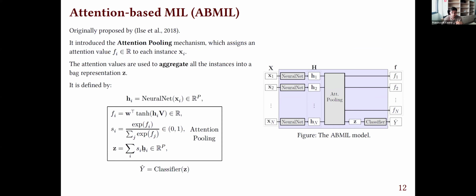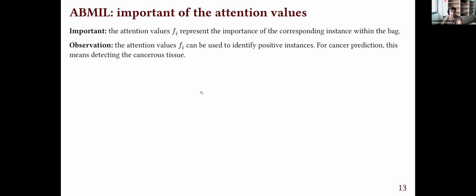If the attention score of an instance is very large, it means that the instance is very important in the bag. It has been observed that these attention values can be used to identify which instances are positive. In our case, this means identifying which patches carry the cancerous tissue.